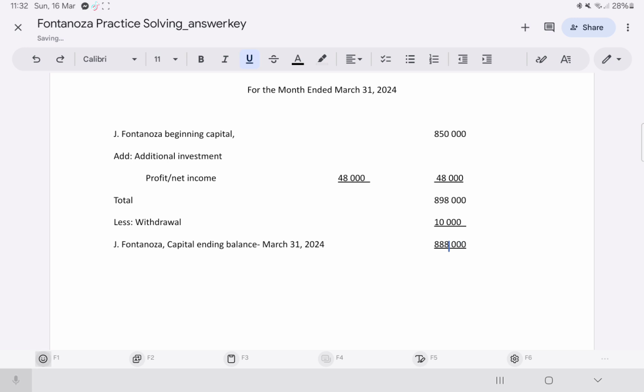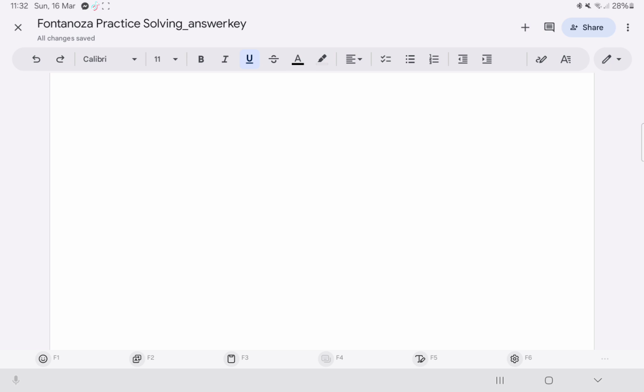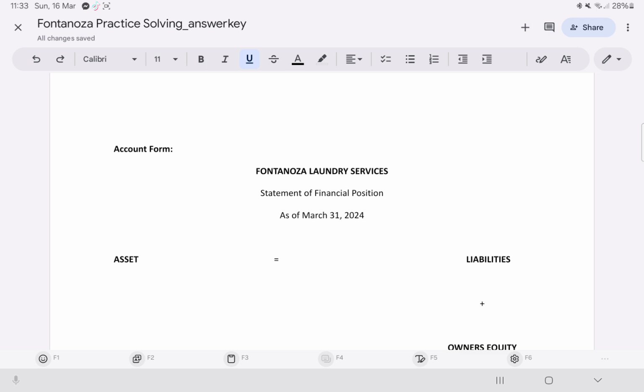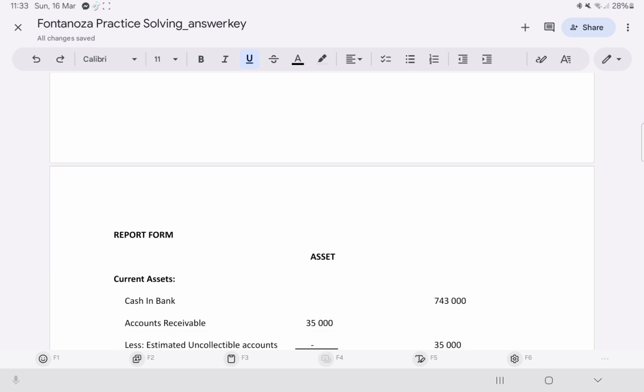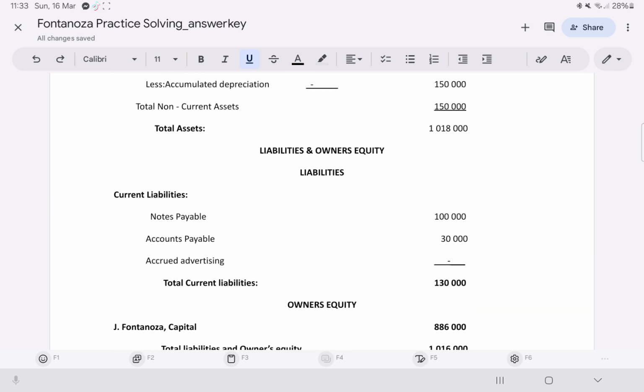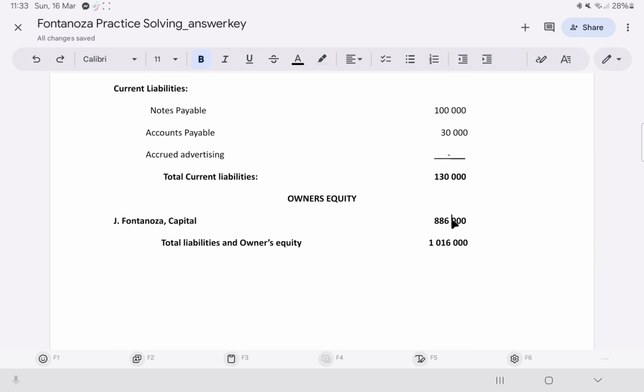My gosh, so real. 888,000 pesos is the ending capital balance of J. Fontanoza. Oh my gosh. Let's check. So try to write here 888,000. This is the new computation of J. Fontanoza capital.